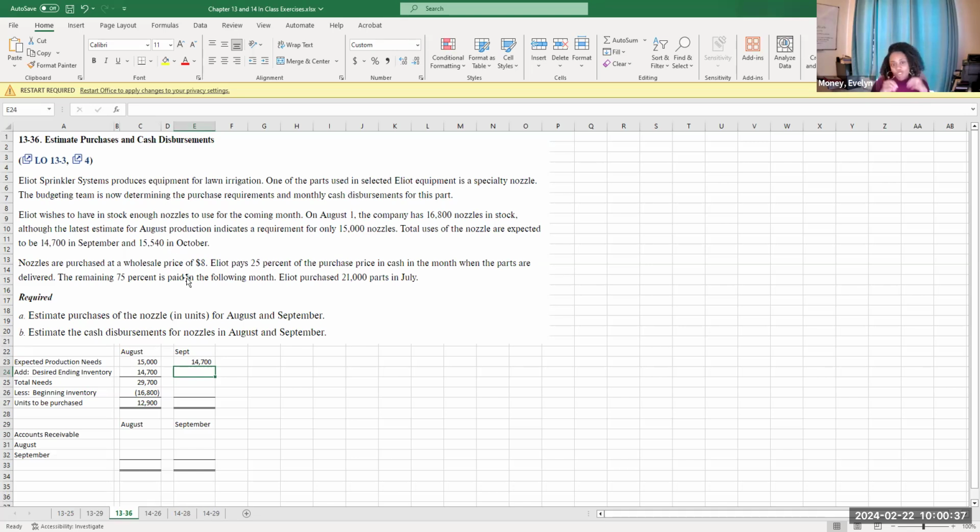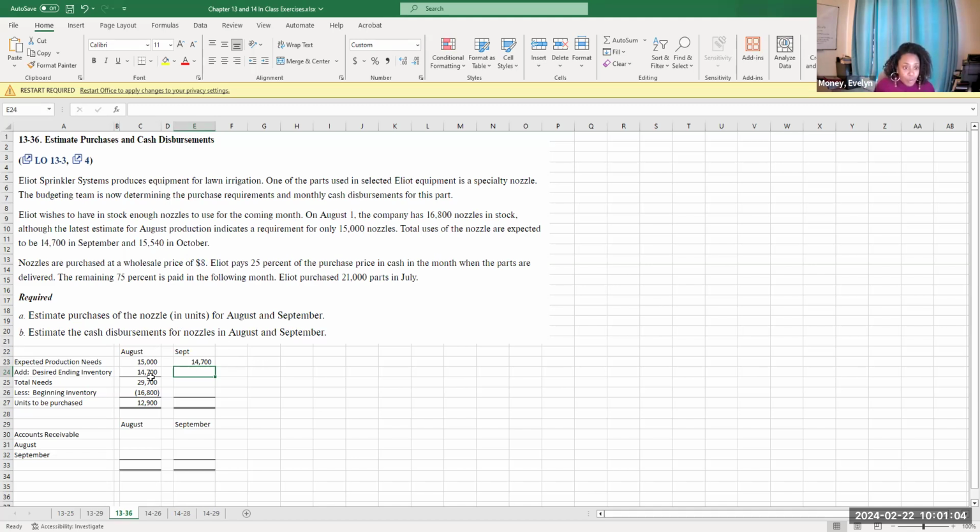Now, at this point, because I'm ingrained in this problem and I'm over the fact that Elliott only has 1 L, I understand that desired ending inventory is the production needs for the next month. Production needs are the same as total uses of the nozzle that we are expecting. This is why they give me total uses of the nozzle for October.